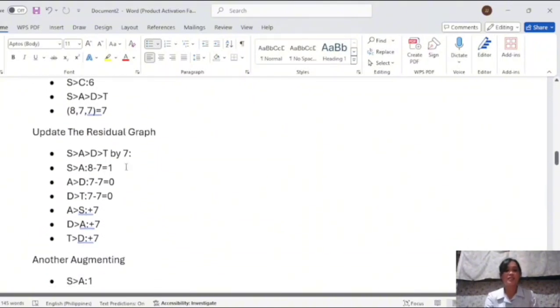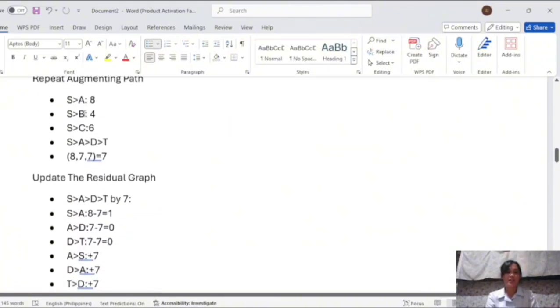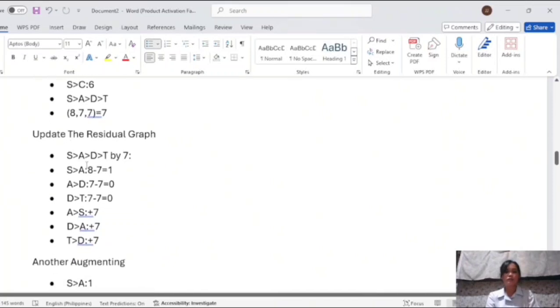So to update the residual graph, along S, A, D, T by 7: S to A is 8 minus 7 equals 1, and also A to D, with capacity 7 minus 7, is equivalent to 0.